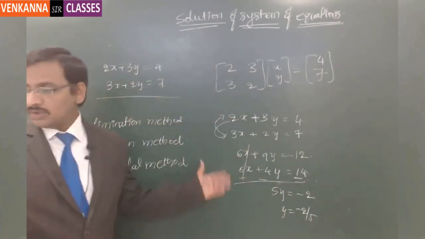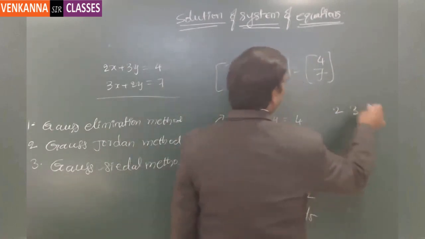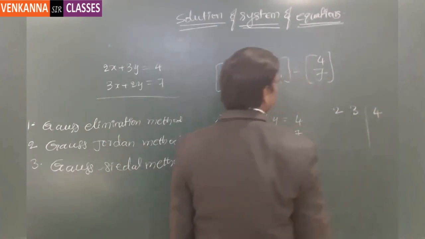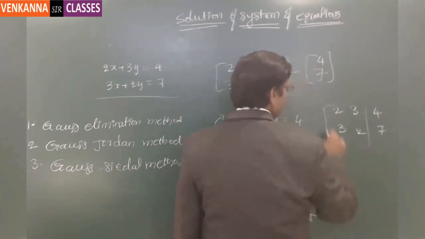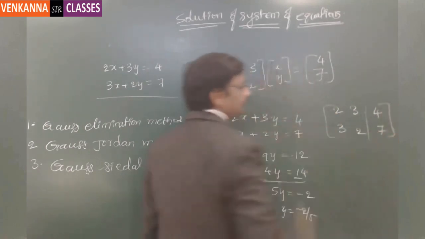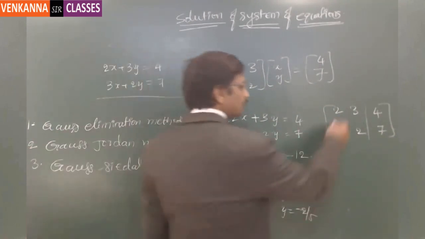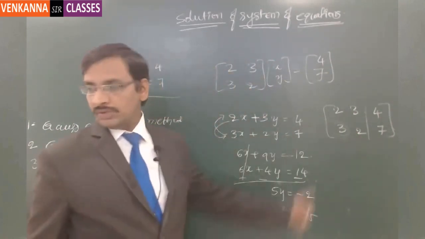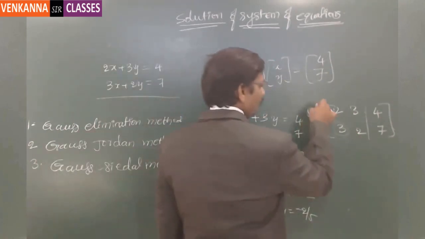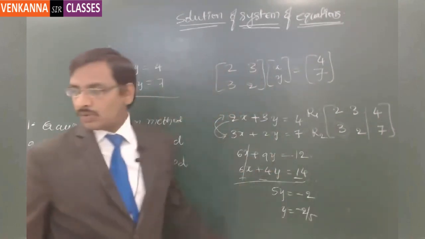Now the same thing you can get by a different method. I put 2, 3 and 4 here, and 3, 2 and 7 here, and form this as a matrix. If I want to make this entry 0, this is called row R1 and this is R2, row 1 and row 2.